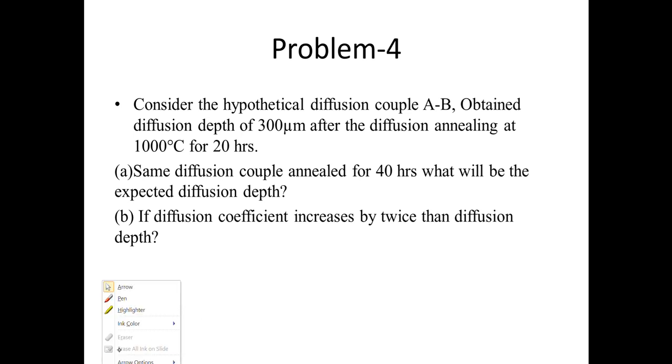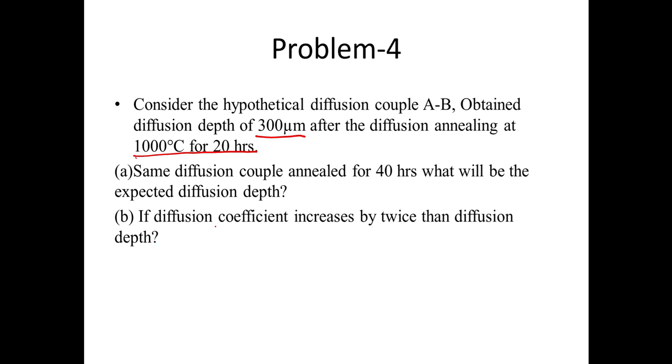Next problem: consider the hypothetical diffusion couple A and B. It obtains a diffusion depth of 300 micron after diffusion annealing at 1000 degrees Celsius for 20 hours. If the same diffusion couple is annealed for 40 hours, what will be the expected diffusion depth?